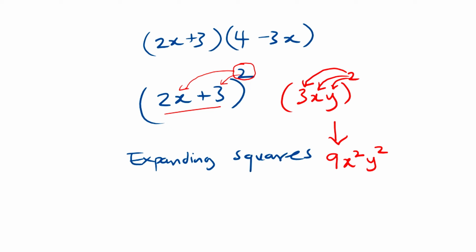But if it is an expression with different terms, as you can see, we have 2s and we have plus 3, and they are in a bracket with a square sitting outside, you can't use that. You will have to go back and look at what a square means. So let's go back and look at what a square means.